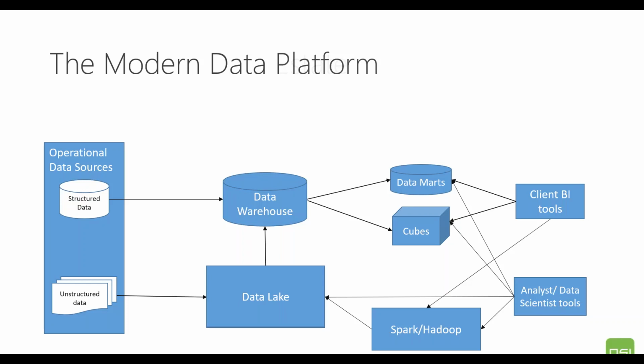And the technology needed to create the modern data platform is whatever I need based on the business requirement I'm trying to meet. And one of the nice things with the Microsoft technology stack specifically is that all of these can be included using the stack as it exists today.